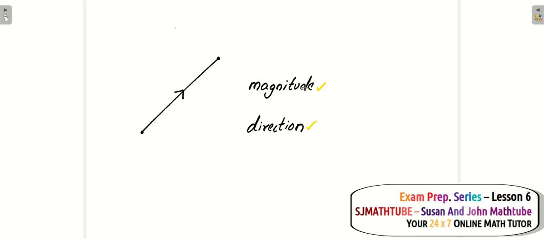But in math, vectors are easy to study because we learn vectors to be line segments with directions. So all we can measure here is the length. Mathematically, magnitude is the length of the vector, but the physical meaning will be different. And for the direction, of course, we put an arrowhead to represent it. Remember, every vector is associated with magnitude and direction.